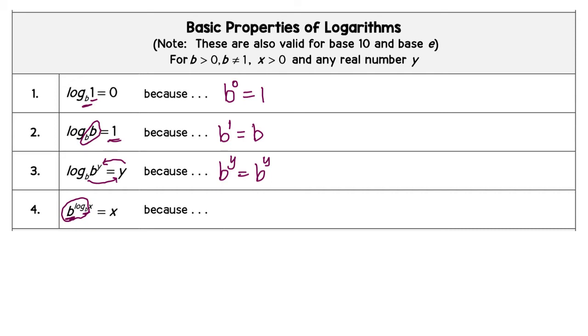You can even think of it as log base b of x equaling log base b of x, how they're really just equal to each other. So here again, that has to be your x.